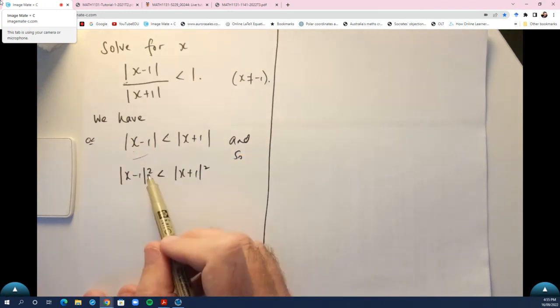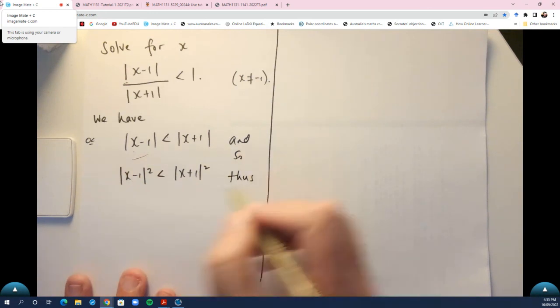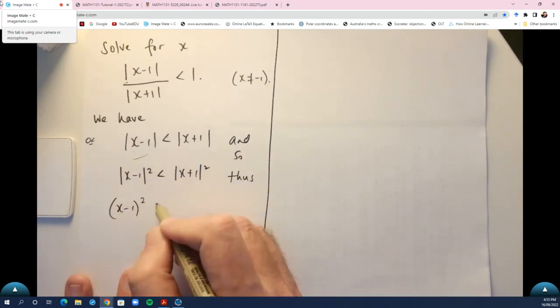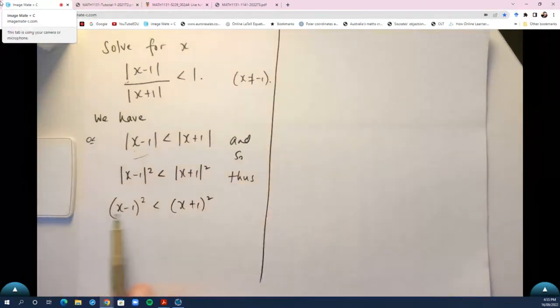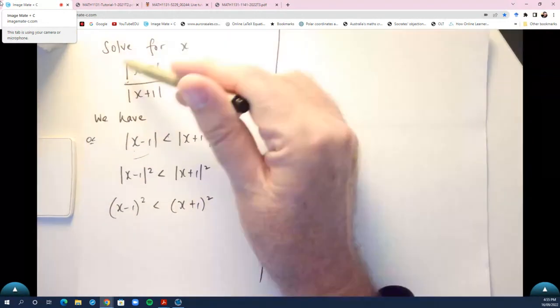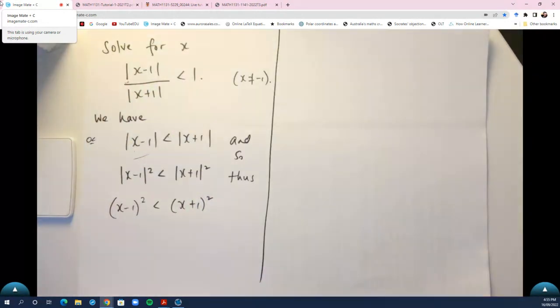Now if you square an absolute value, it's just the same as squaring without the absolute values. So you can see what we've done now is very similar to the earlier problem. We've taken something difficult and transformed it into an easier problem.